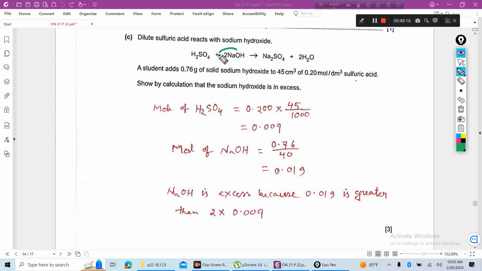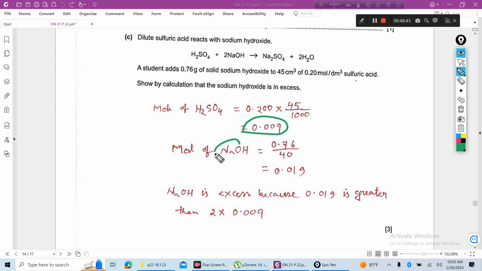Here sodium hydroxide mass is given, sulfuric acid volume and concentration is given. So first of all, moles of sulfuric acid is concentration times volume. The centimeter cube has been converted to dm cube by dividing by 1000. So you get moles of sulfuric acid.